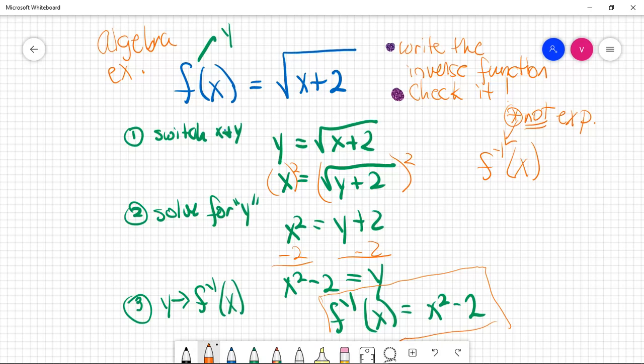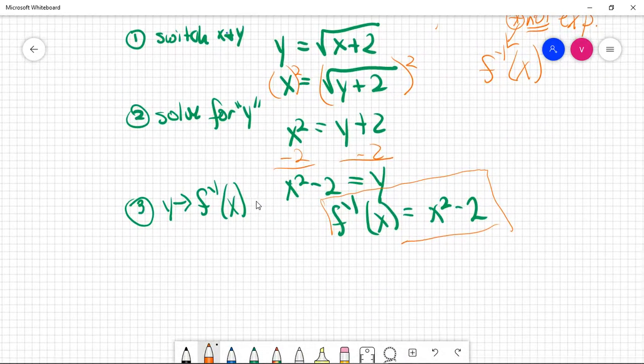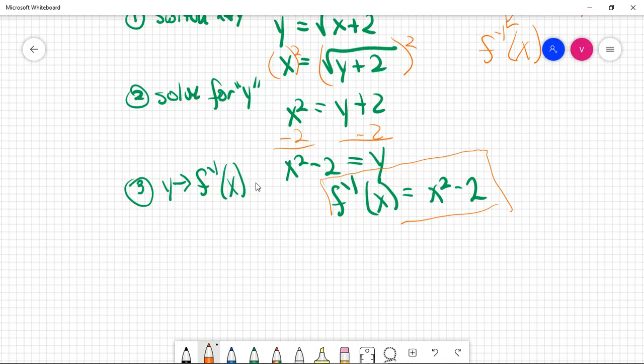Now we are going to check this right here. Excuse me. So I'm going to move up a little bit so you can see something. The way you do this is with a composition of functions. So check.